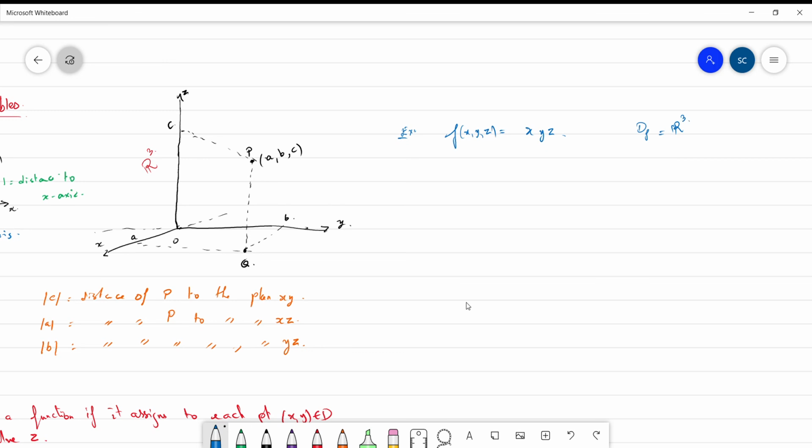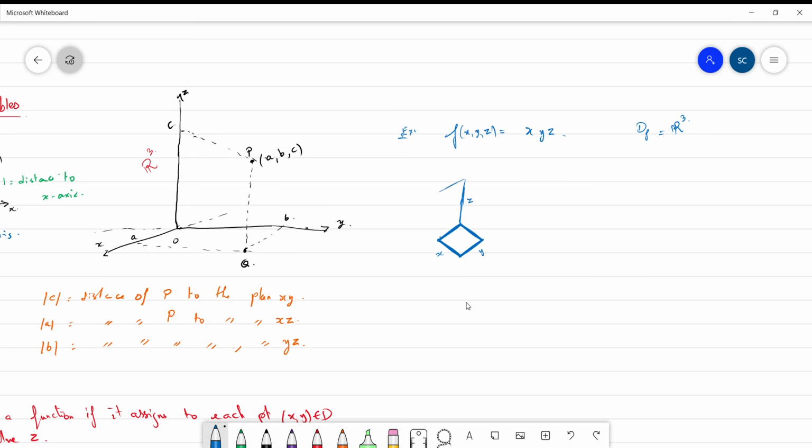For example, consider the size of a box. You have a box whose base is rectangular, with sides x and y, and the height is z.